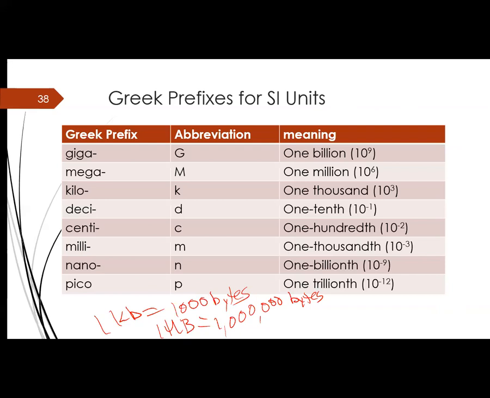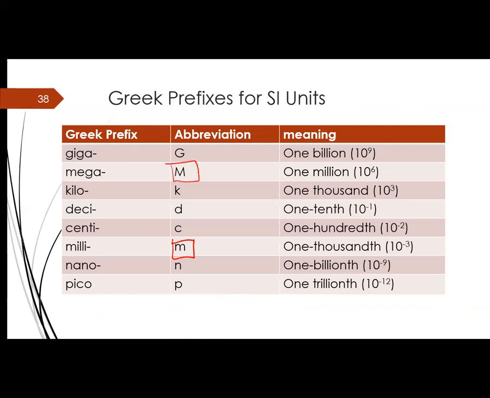So we do use these prefixes all the time as we modify our different units, and we want to be familiar and comfortable with those. These are the 8 common ones that we want to pay attention to. The other thing is you want to make sure that you clearly identify whether it's lowercase or uppercase, because some of them will be very similar.